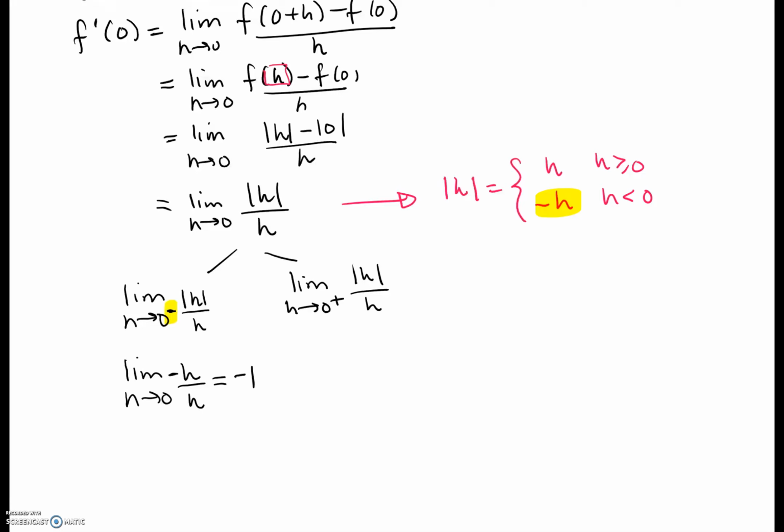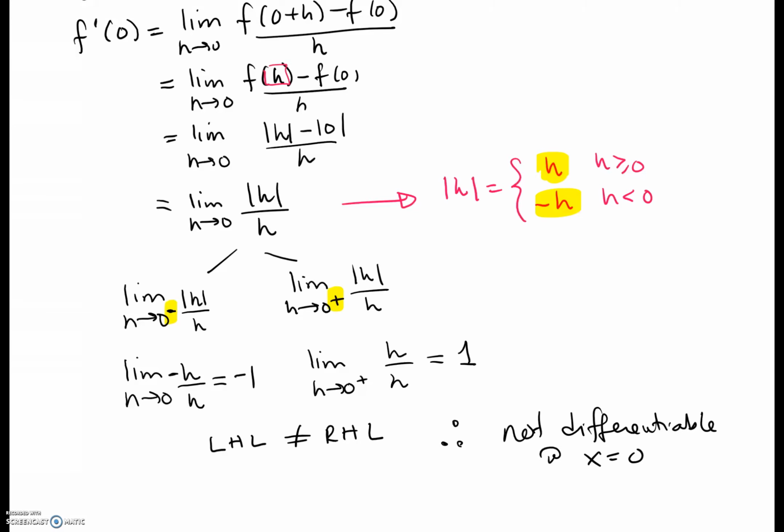And that we know is equal to negative 1. And we know on the right, when I go to 0 from the right, they're all positive values, so it's just an h that I'm dealing with. So absolute value of h gets replaced with h, and I have h over h, which is just 1. Notice the left-hand limit at 0 is not equal to the right-hand limit at 0, therefore it's not differentiable at 0.